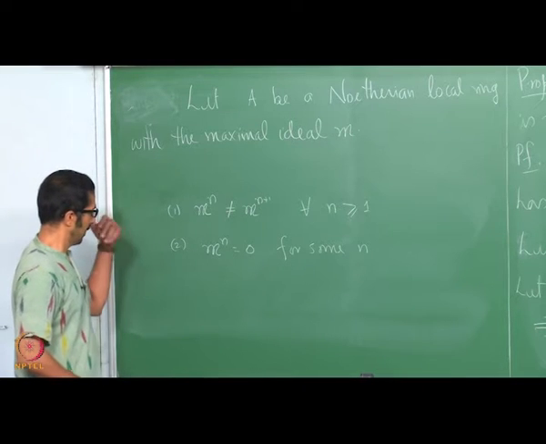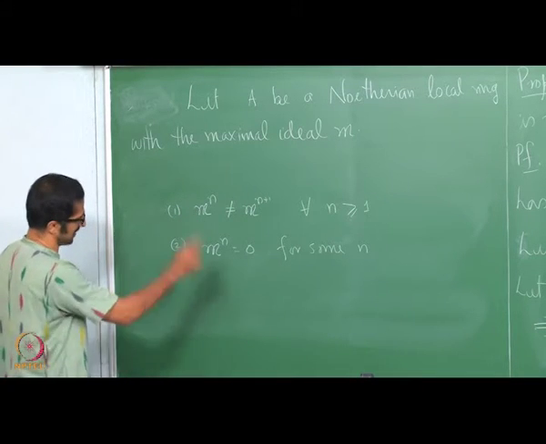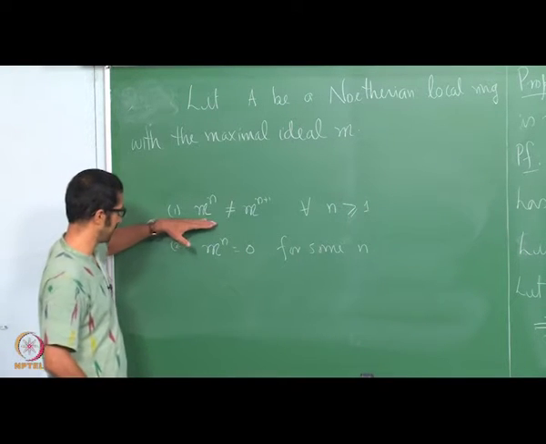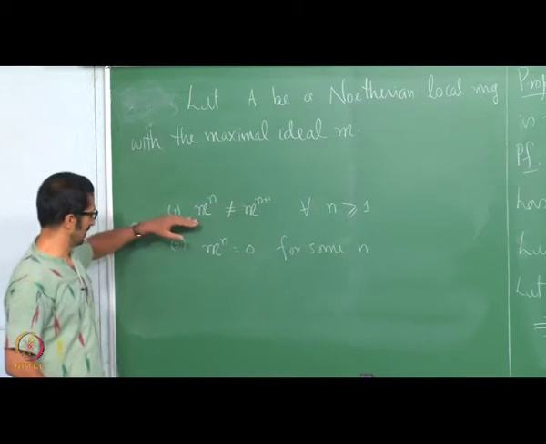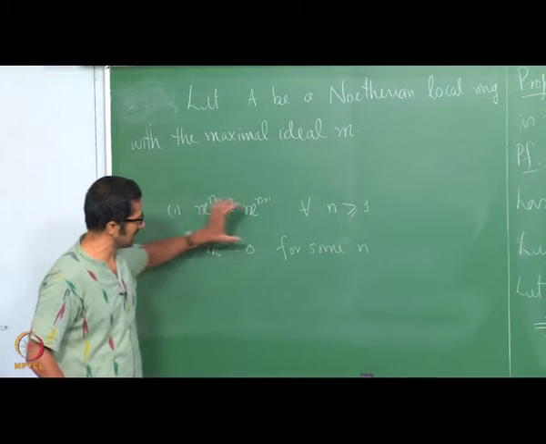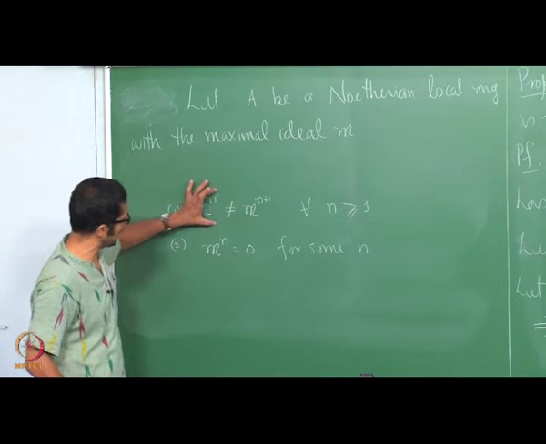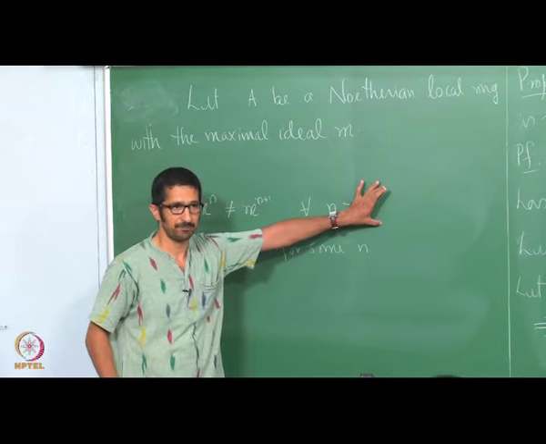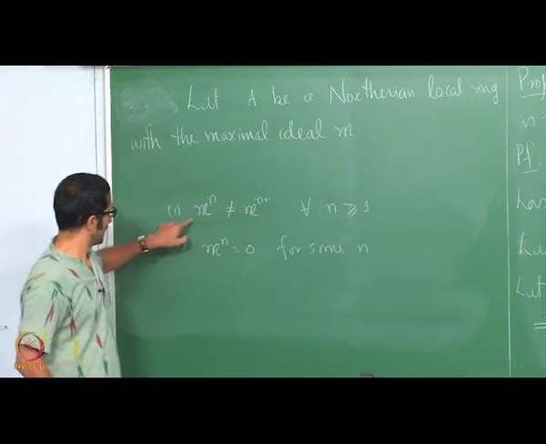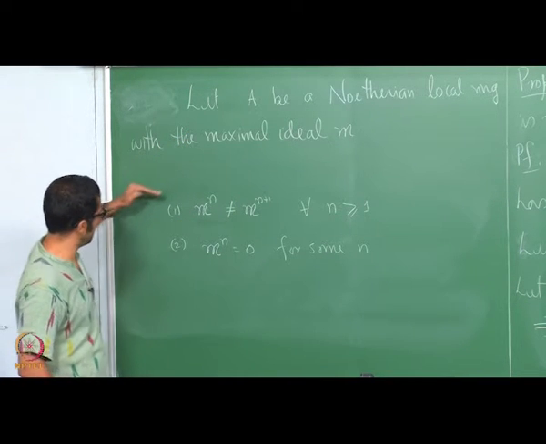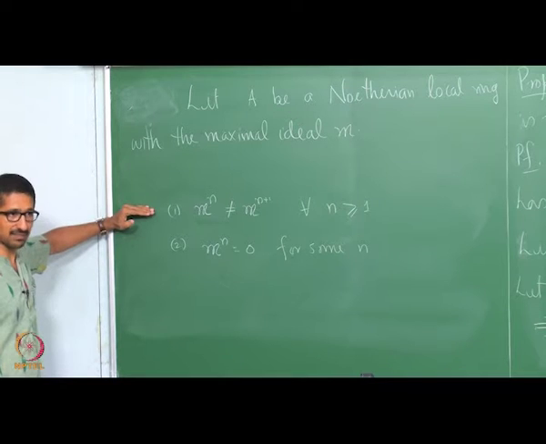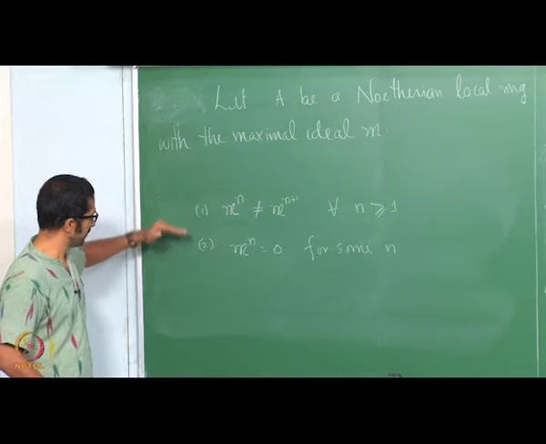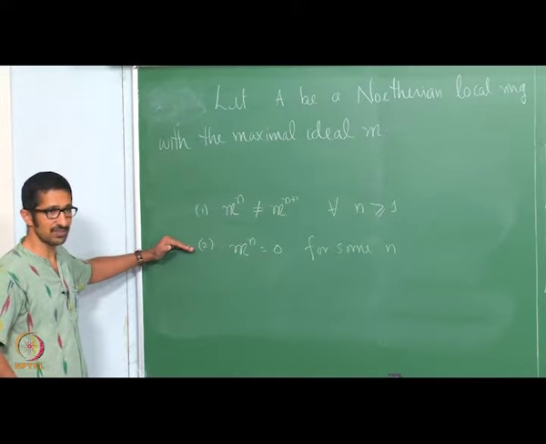So let's assume, this is a fairly straightforward conclusion. See, in this case what we say is that the ring is not Artinian, right. So a Noetherian ring can be simply a Noetherian ring which is not Artinian or an Artinian ring, but in the Artinian ring case this is always true.